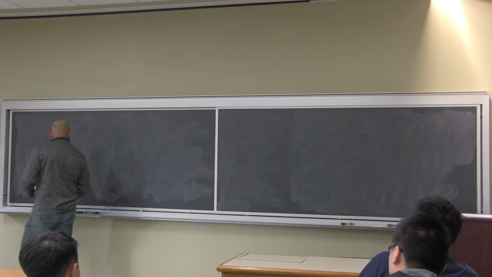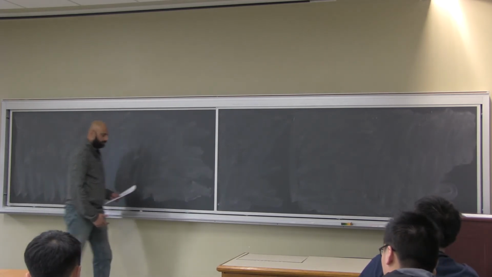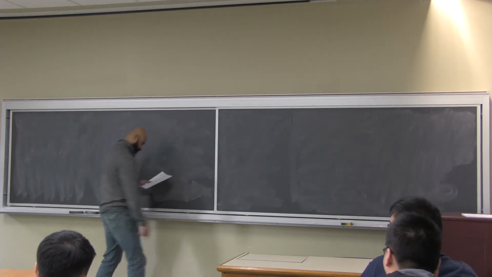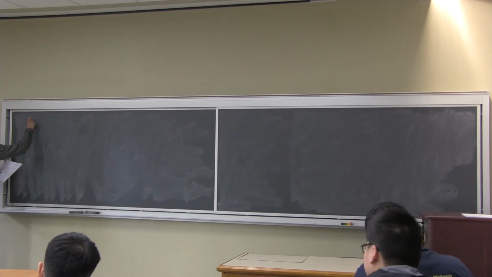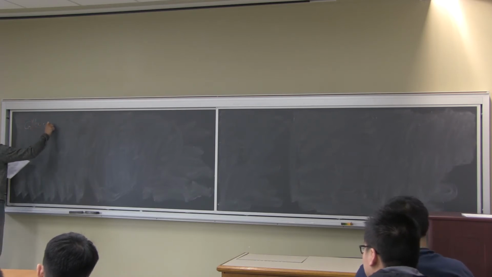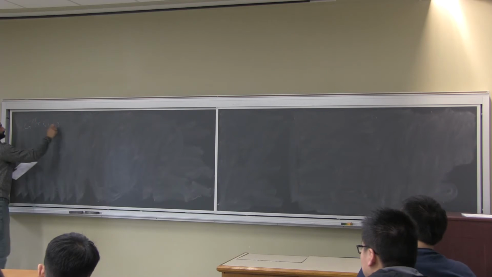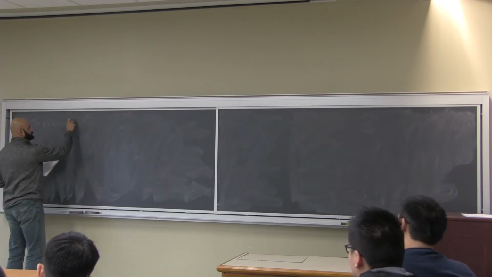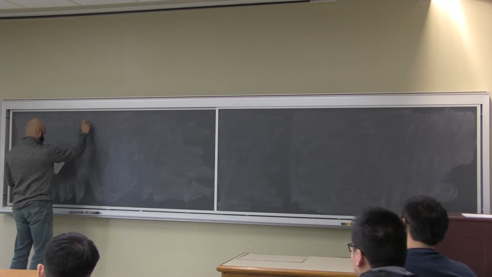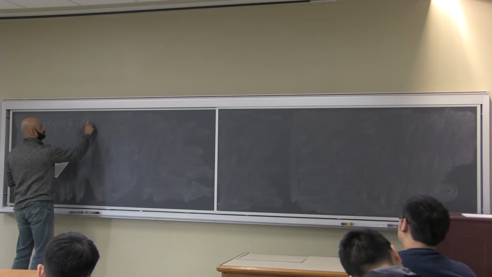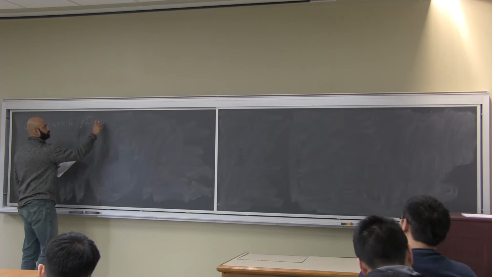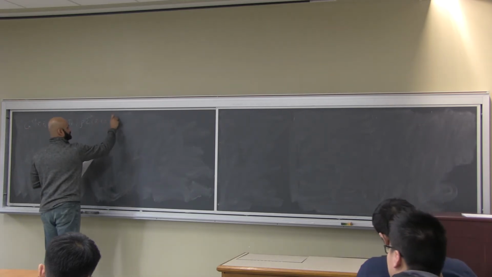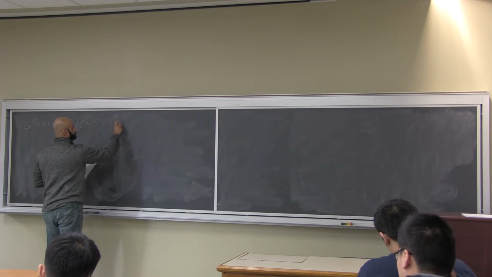So in the last class, we introduced the first order correlation function, which we said G1 of R1, R2, T1, T2 is equal to trace rho E minus R1, T1 E plus R2, T2.